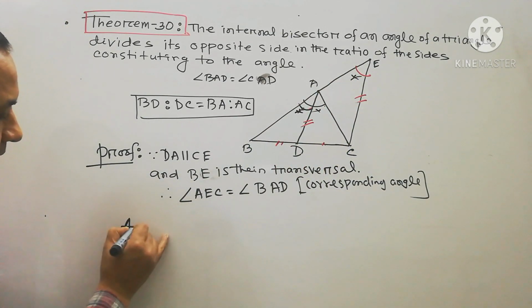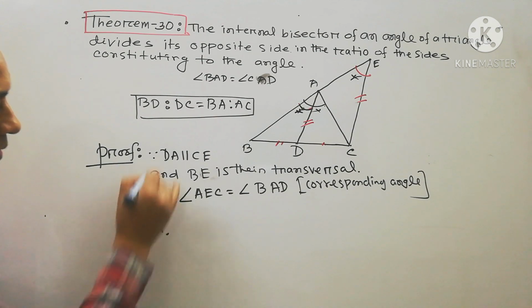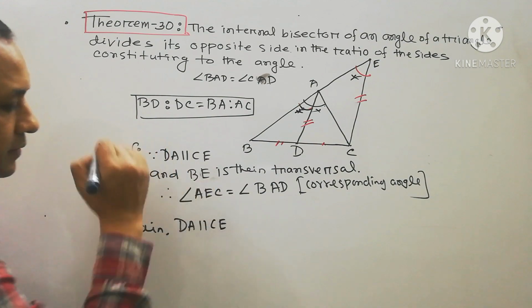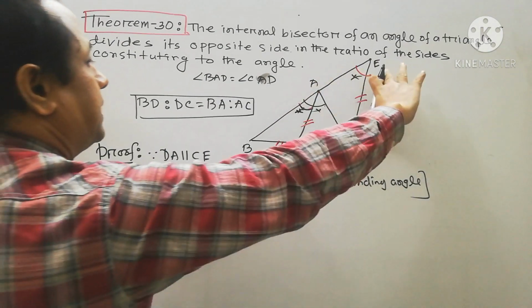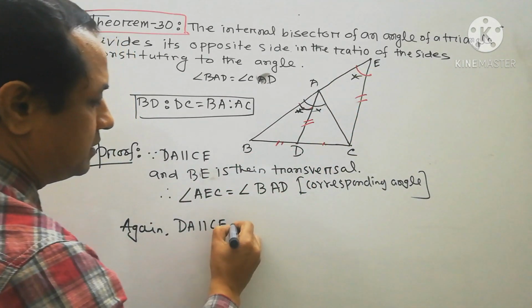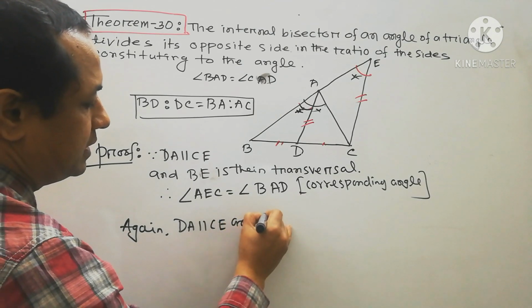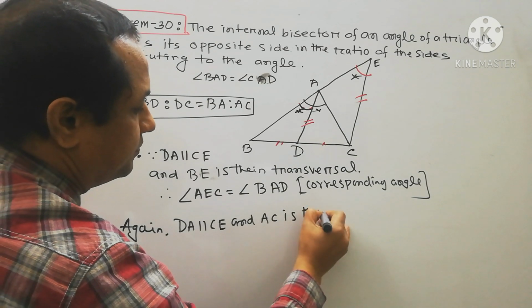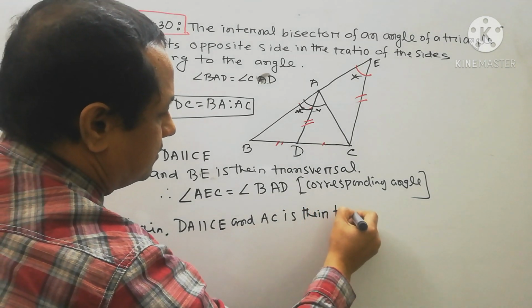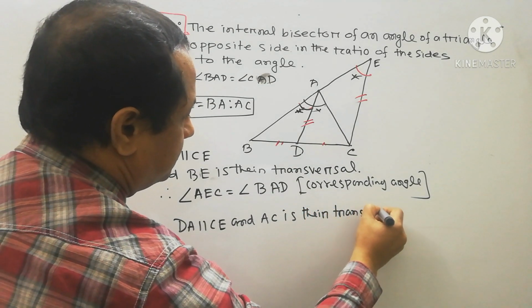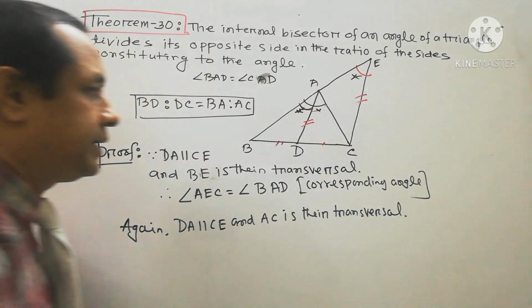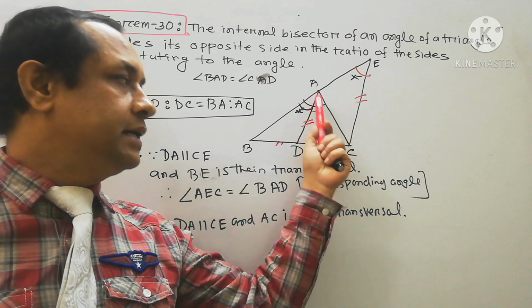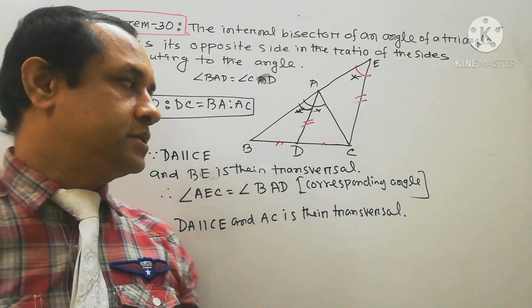Again, DA is parallel to CE and AC is their transversal.